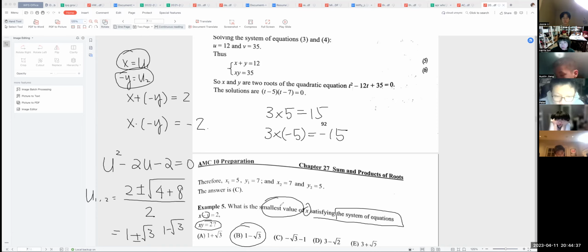So the question is, what is the smallest value of x satisfying the system of equations? So if we change the x, we need to reverse it. But since we didn't, we don't have to touch it. Good question.